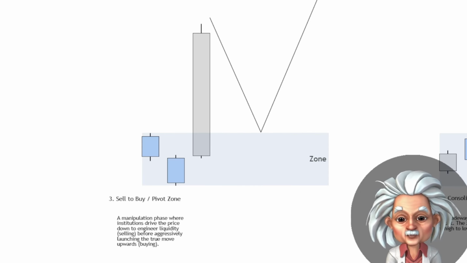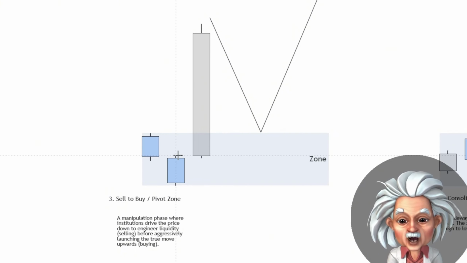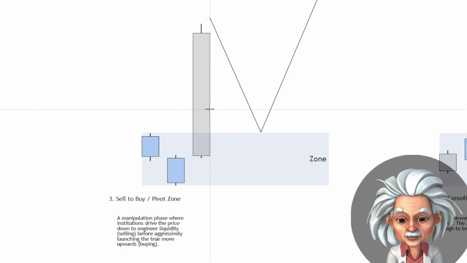So if you place your entry on this level, on the top wick from the last candle before the impulse, you will miss this move completely.